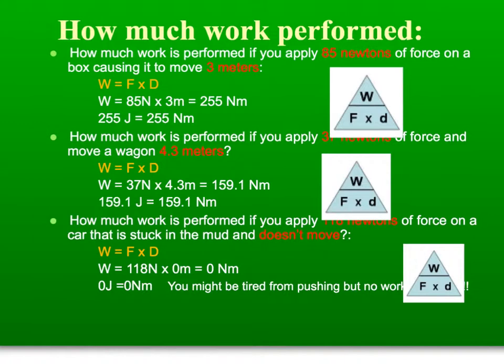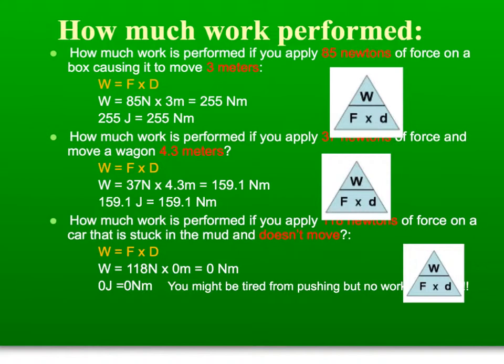Force will be measured in newtons, distance will be meters or kilometers, and work will be measured in Newton meters or joules. To solve this problem, we would take 85 times 3 and we would have 255 Newton meters, which is the same thing as a joule.